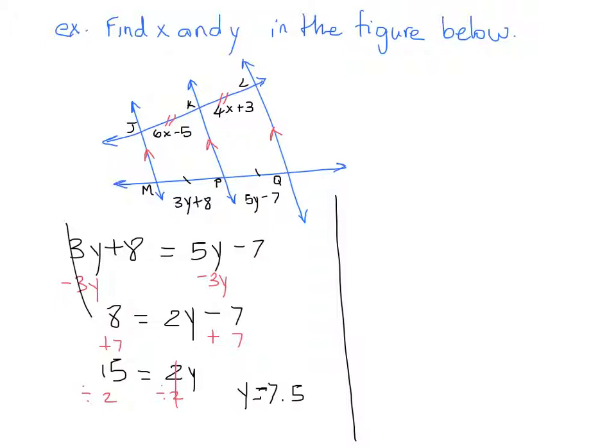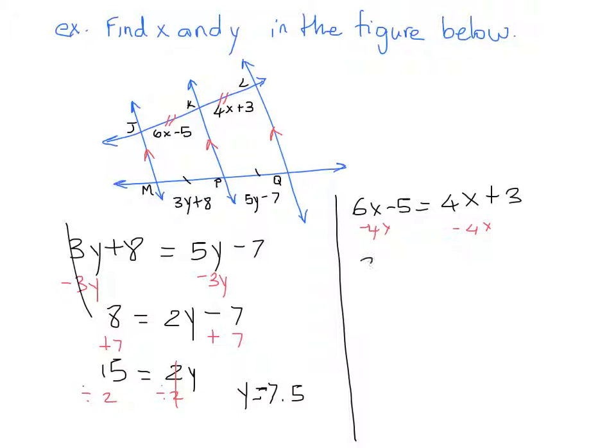Since this and this are congruent to each other, we can say that 6x minus 5 is equal to 4x plus 3. And again, we're trying to isolate our x, so we can get our x's over on one side. So let's take 4x away from that. And we have to do that to both sides.